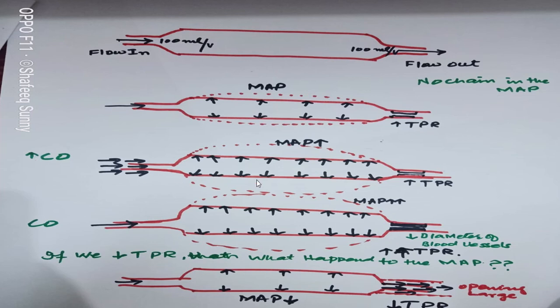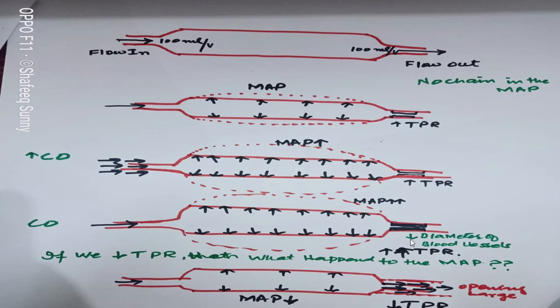Now come to another point. If the cardiac output is the same as the very previous one, 100 ml per unit, look at this arrow. What will happen if the total peripheral resistance at the outflow of the blood vessel is increased?